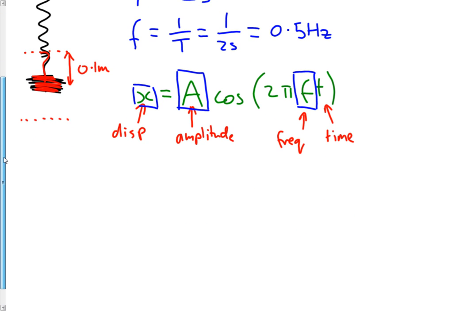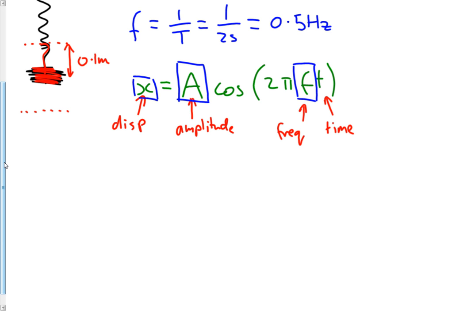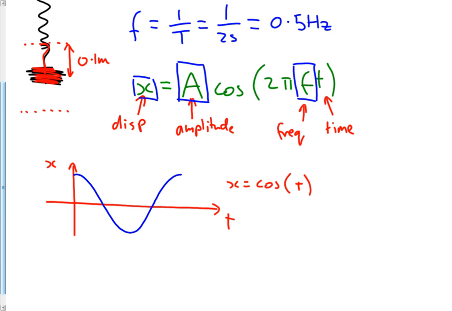Now, what can we say about this graph to get a feel for it? Well, firstly, it's a cos graph. An ordinary cos graph, like if this is time and this is x, if it were just x equals cos t or something like that, looks like this and varies between 1 and -1, and it repeats itself every 2 pi radians or 360 degrees.